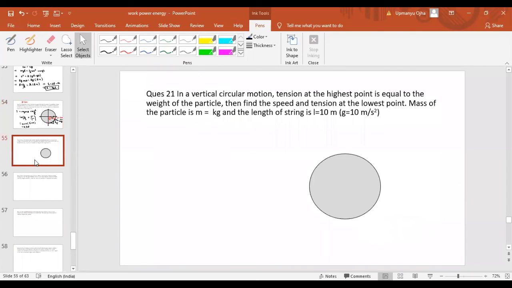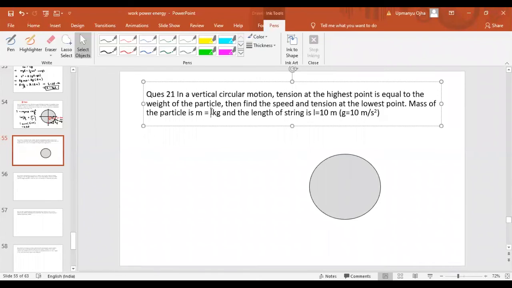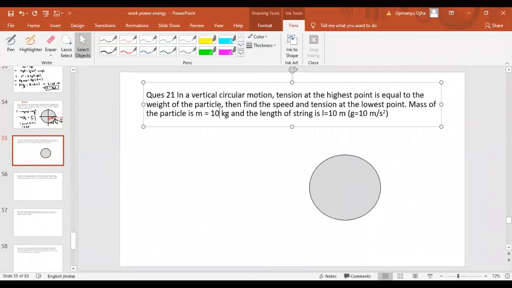Now the next problem. In a vertical circular motion, the tension at the highest point is equal to the weight of the particle. Find the tension at the lowest point. The mass of the particle is 10 kg, and the length of the string is 10 meters.